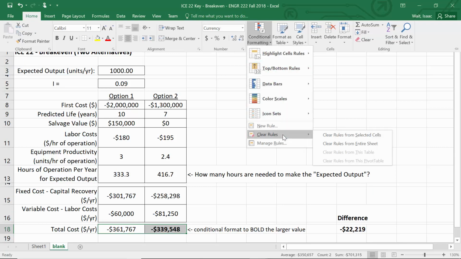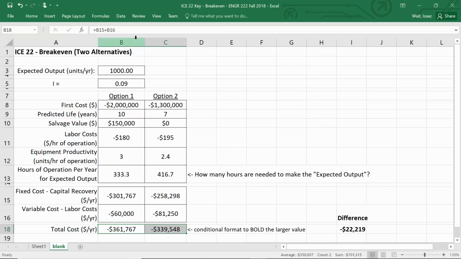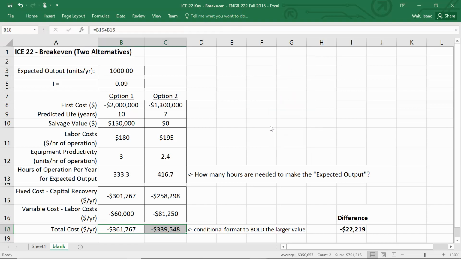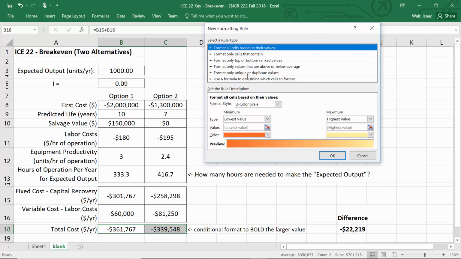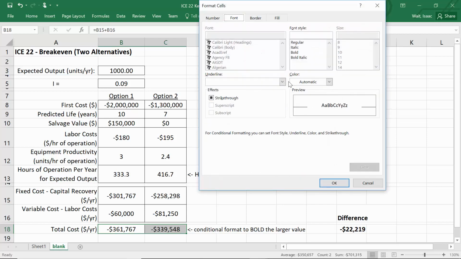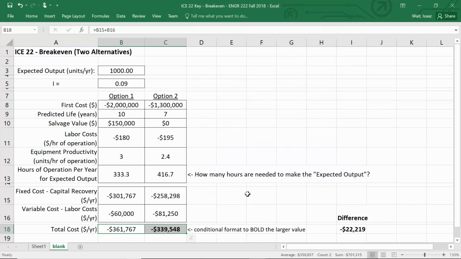Let's clear the old rule. All right, so home, conditional formatting, new rule. What I want it to do is format only the top ranked value. So the top one value should be bold. So the one that's the biggest will be bolded.